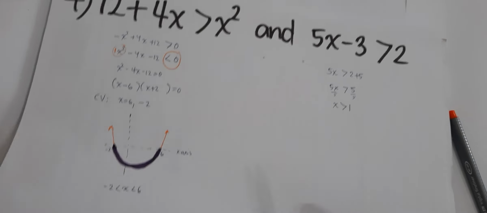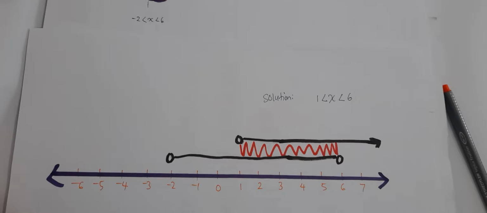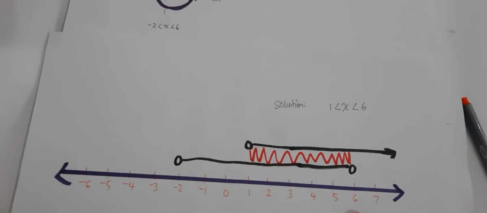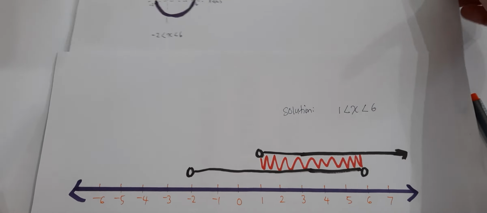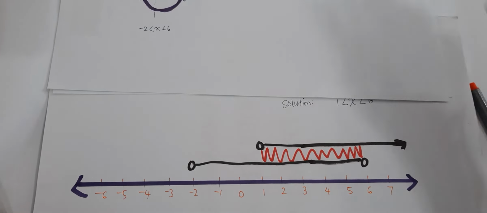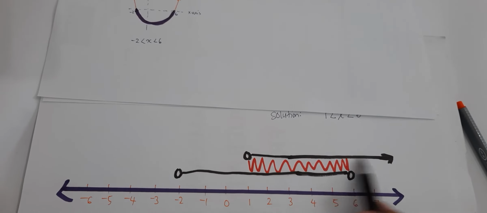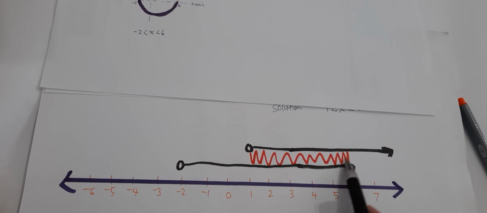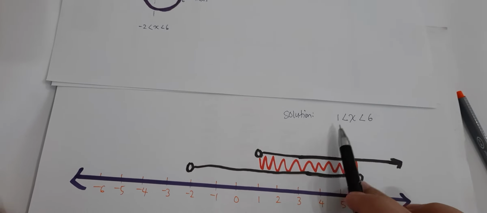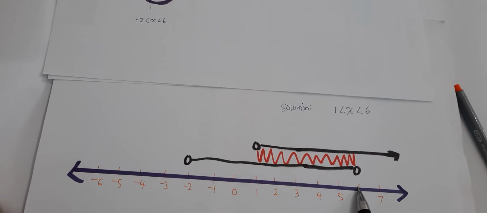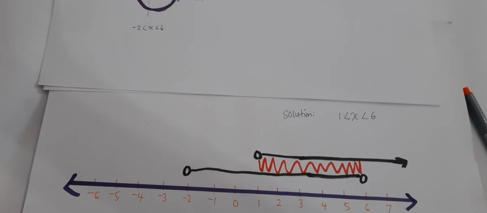The same as what we did with the tabular method, you will plot it in one line, one graph like this. So minus 2 to 6 is your first solution, and your second solution is greater than 1. You identify where they are together. And so the solution is from 1 to 6.